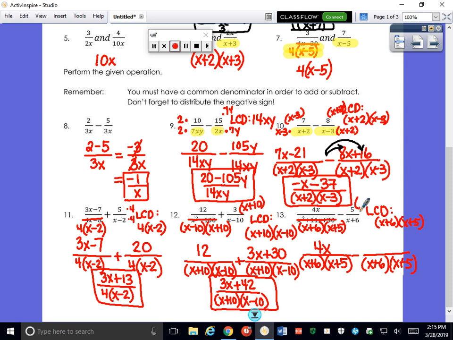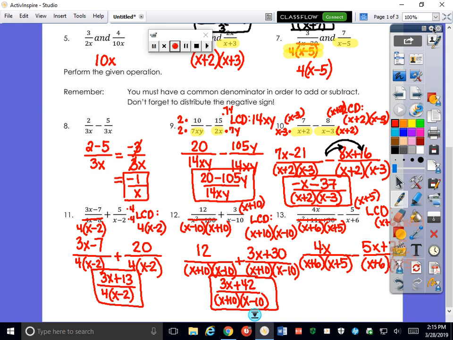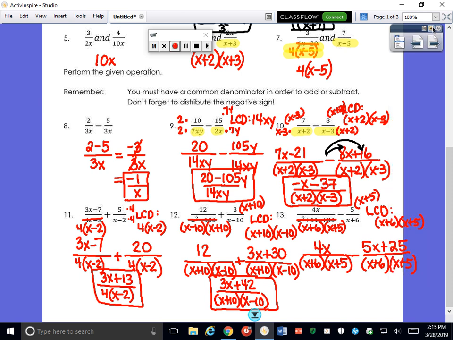So I have to multiply that numerator by x plus 5 and the denominator by x plus 5 so I can get my LCD. So this is going to become 5x plus 25. Okay, it's a subtraction problem, so we cannot forget to distribute that subtraction sign.